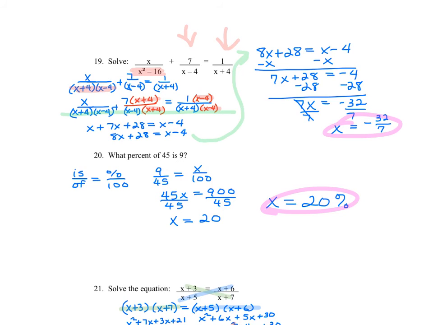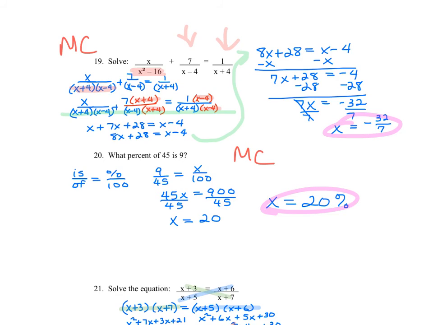Actually, number 19 is going to be free response. And then the last question in part 1, actually no, I'm sorry, this is a multiple choice question. So number 19 is multiple choice. Number 20 is also multiple choice.